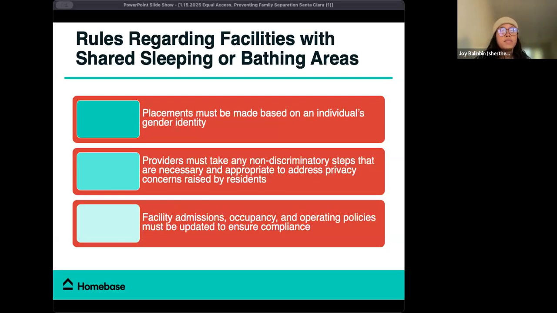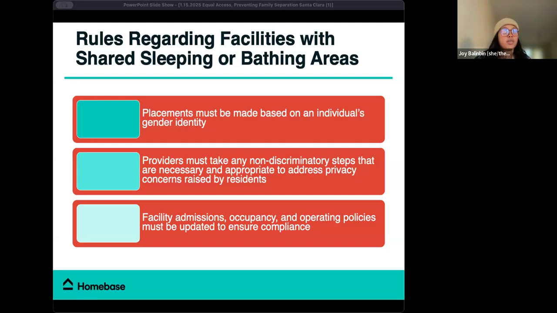And then in terms of just something that we come across pretty commonly in terms of TA and trainings, rules regarding facilities with shared sleeping or bathing areas. This is definitely a part in which equal access rule comes into play and applies to. And so we really want to emphasize that center step right there.